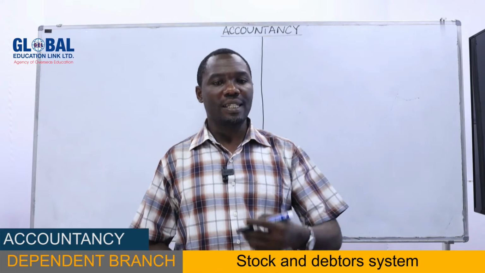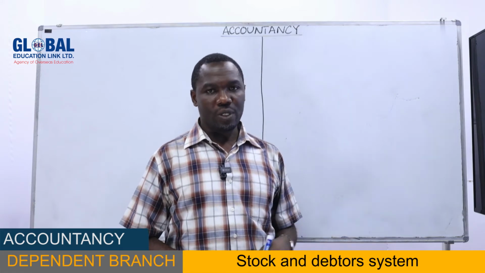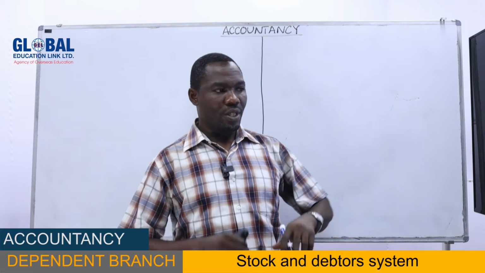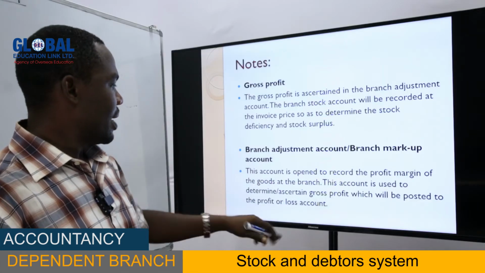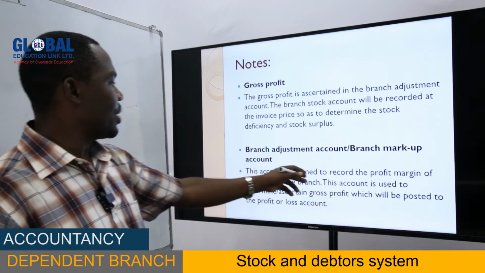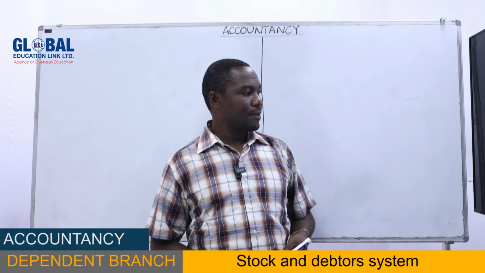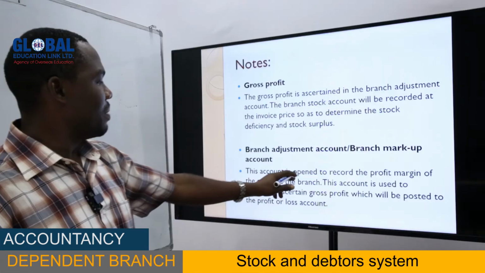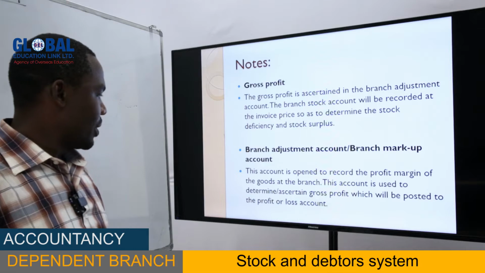Whenever the head office sends goods to the branch, if these goods remain unsold, they will constitute unrealized profit. And of course, there will be an opening entry in the branch adjustment account for the previous unsold stock, on which there is now a profit not realized. So it will be the opening stock.